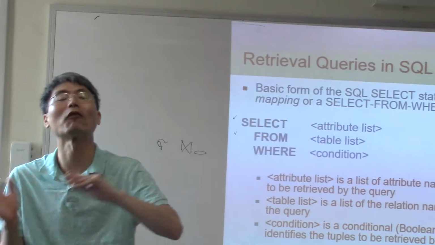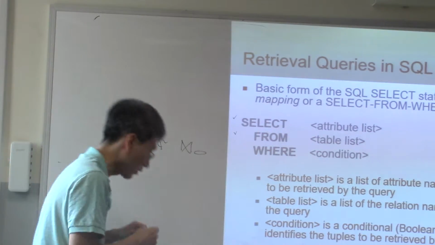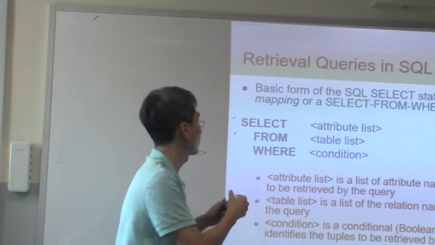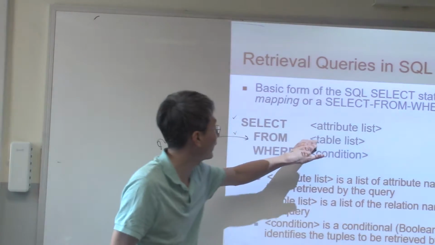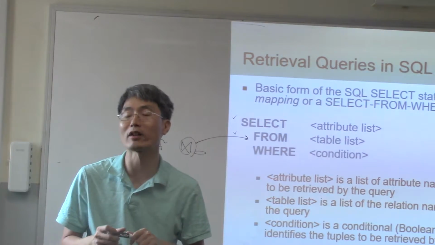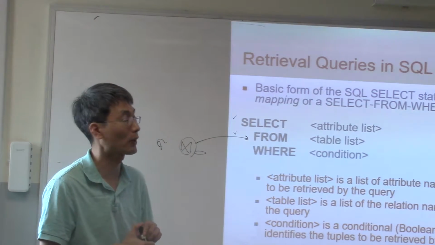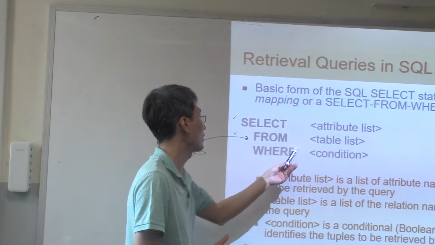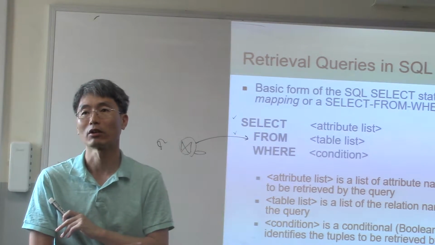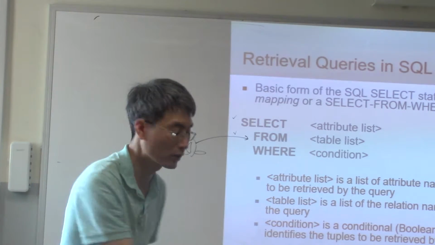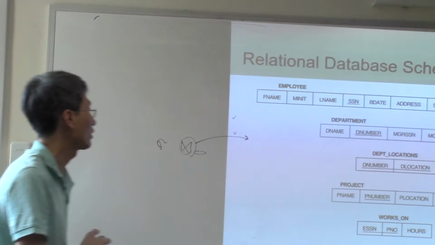You don't have to specify a separate option. However, there is another SQL standard that can include the join condition in the from clause. Either way is fine. We will see both of them, but the most popular right now is to put the join condition in the where condition. Okay, so that is the overall thing. Then we will see the details.